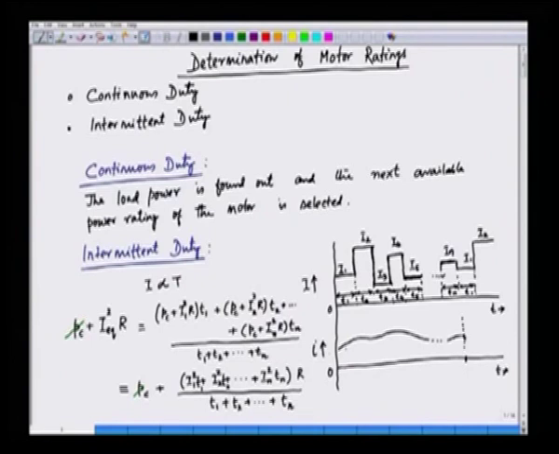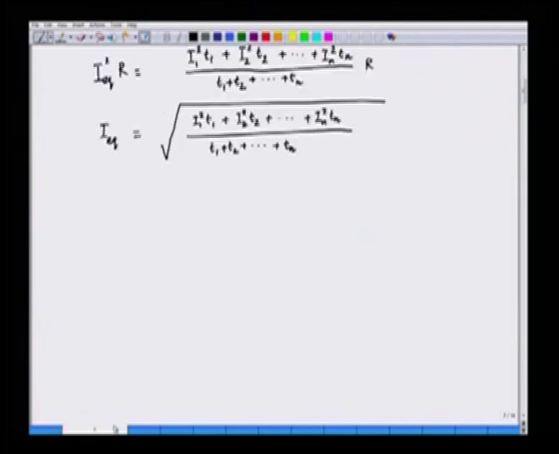So if the current variation is continuous, what we will do is the following. I equivalent in that case would be the square root of 1 by T times the integral from 0 to T, where capital T is the time period, of i square dt.